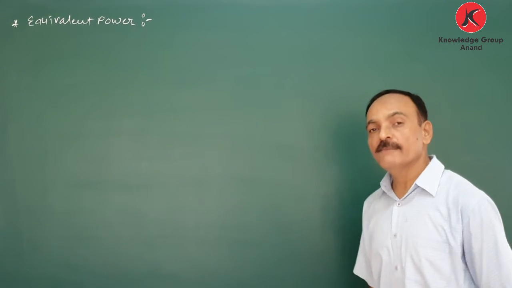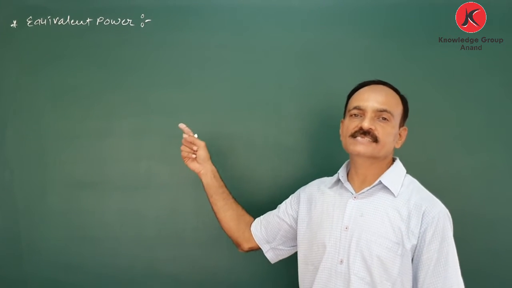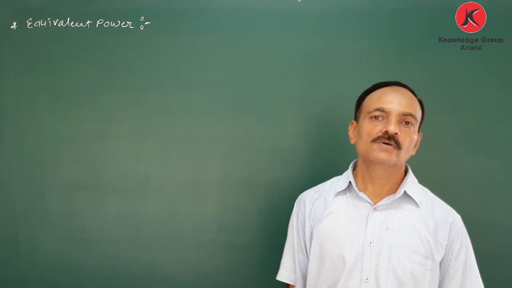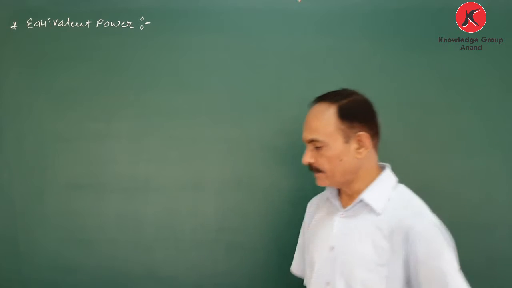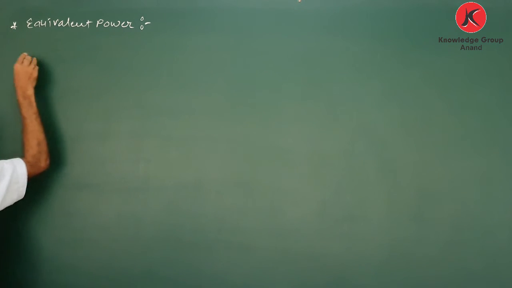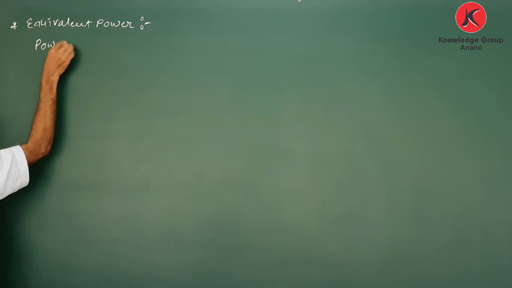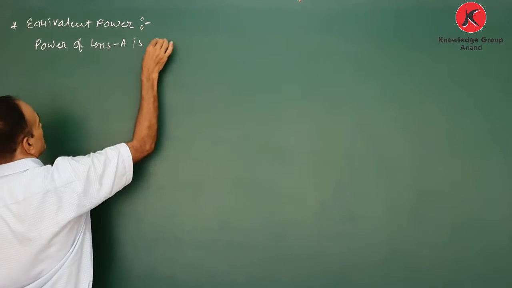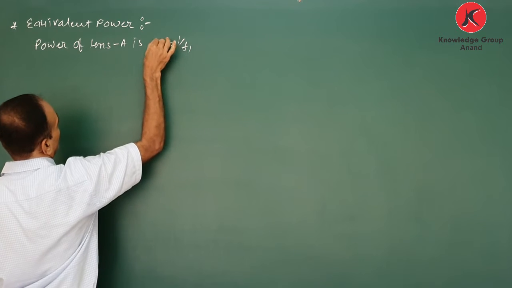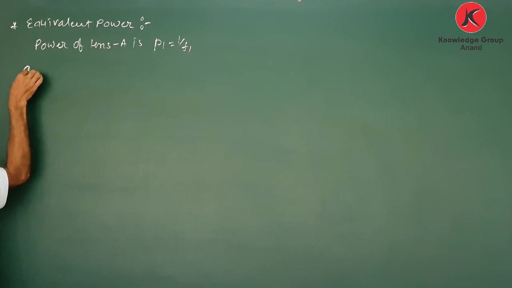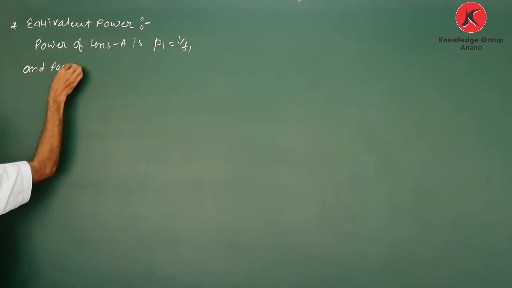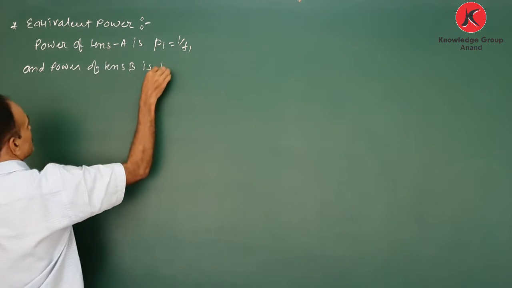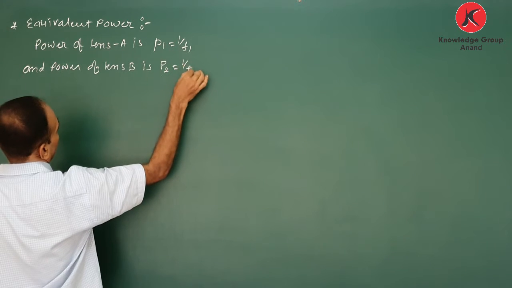Okay, now what is the equivalent power of two thin convex lenses placed in contact with each other? We know that power is equal to 1 upon F. Therefore, the power of lens A is P1 equals 1 upon F1, and the power of lens B is P2 equals 1 upon F2.